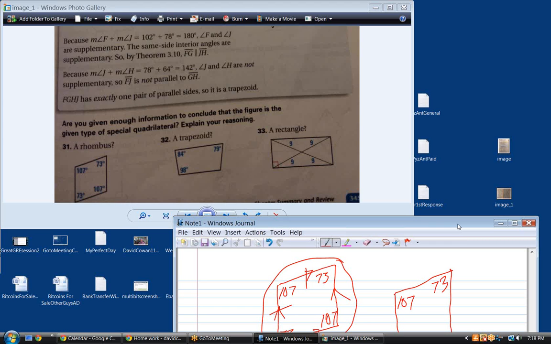A trapezoid always has two parallel sides. Right, the only problem with what you said was that it's not 84 and 79 that need to be supplementary. Oh, I mean, 98 and 84.